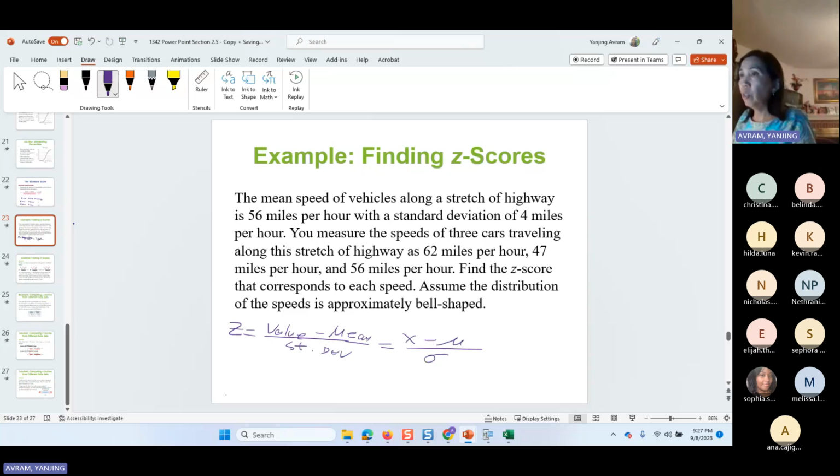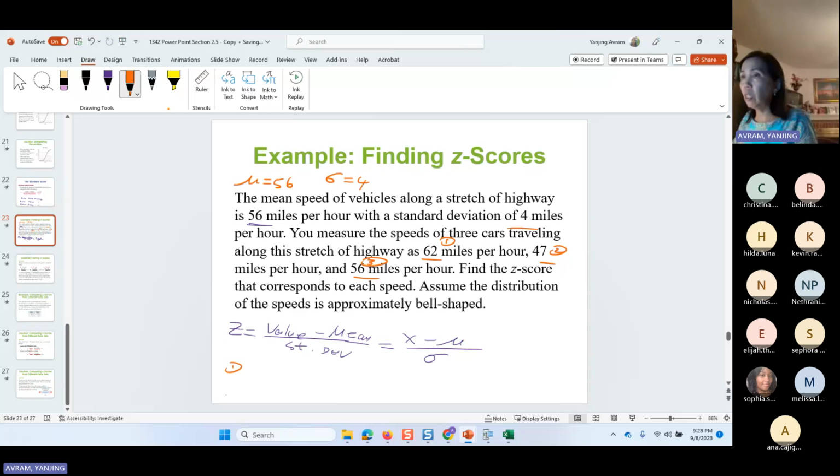So the mean mu here is 56. The standard deviation sigma here is 4. And then we have these 3 that we need to calculate.